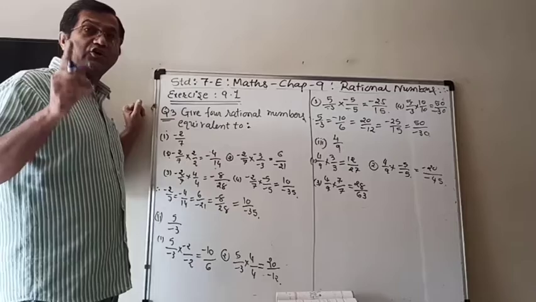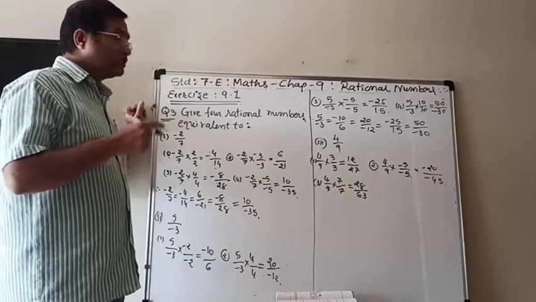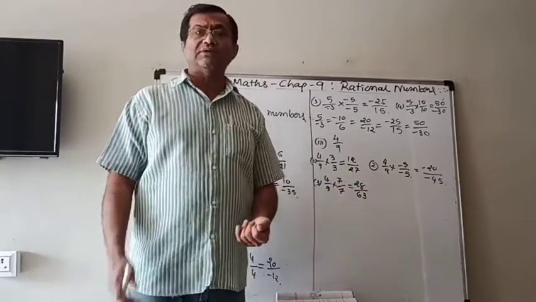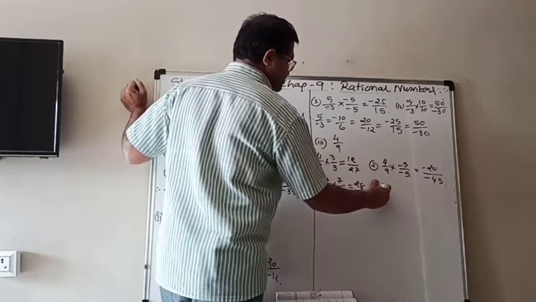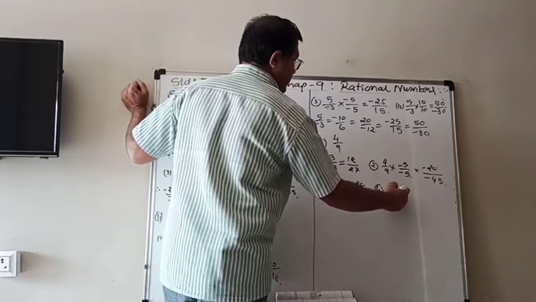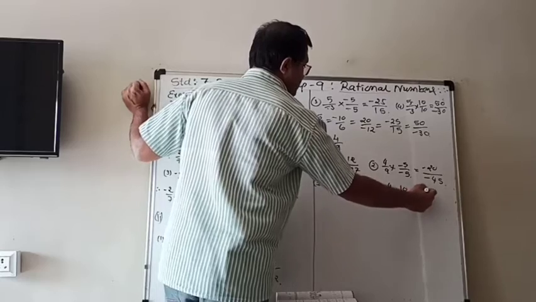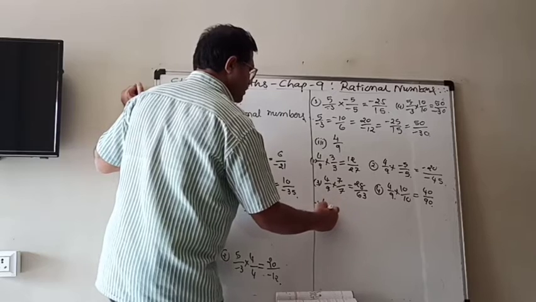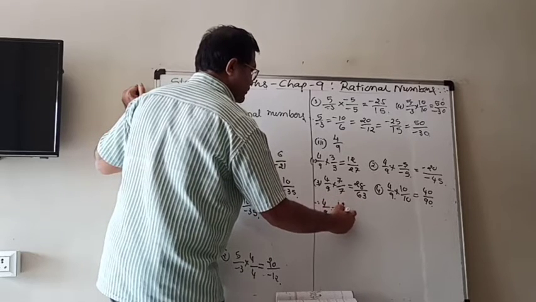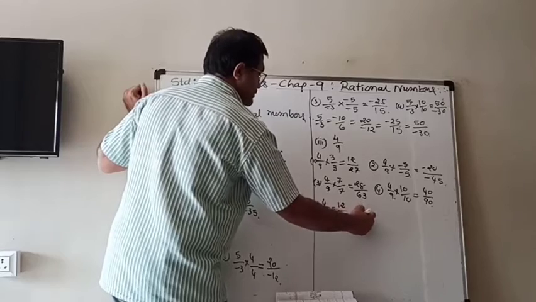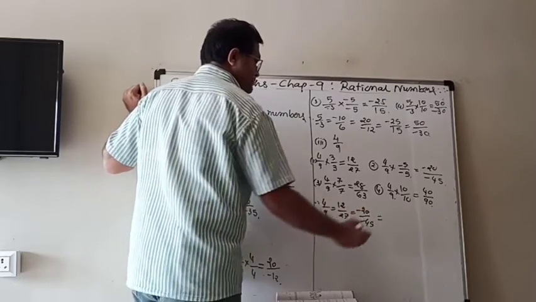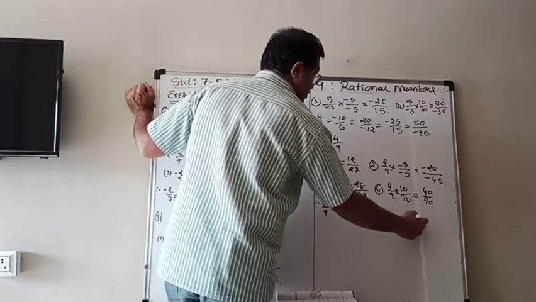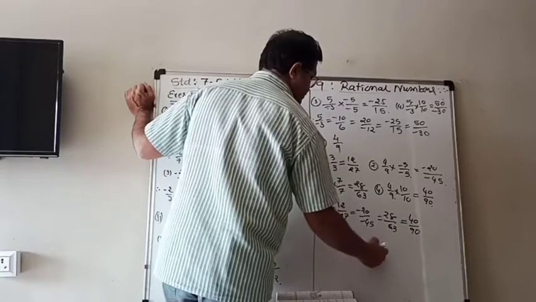But be careful that your tables are complete, because in some tests before I saw that students were writing wrong numbers for 4 sevens also. So 28 upon 63, and fourth, 4 upon 9 multiplied by say 10 upon 10, that is 40 upon 90. Therefore 4 upon 9 is equal to 12 upon 27 is equal to minus 20 upon minus 45 is equal to 28 upon 63 is equal to 40 upon 90.